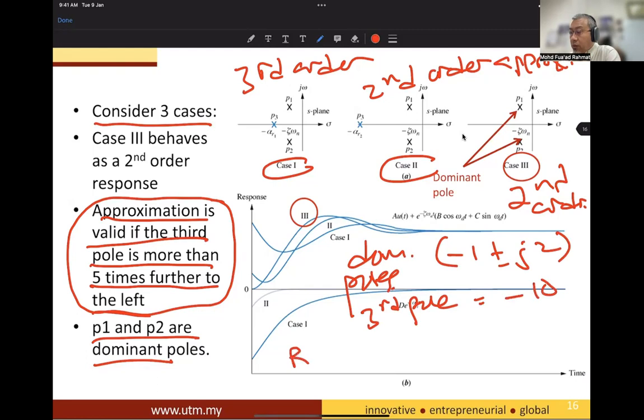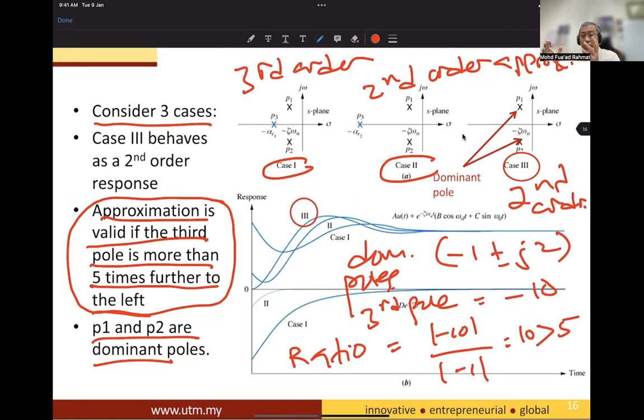So the ratio is -10 divided by -1, which is 10, greater than 5. When it's greater than 5, it means the system is third order but can be treated as a second order approximation. It's valid because it's greater than 5.